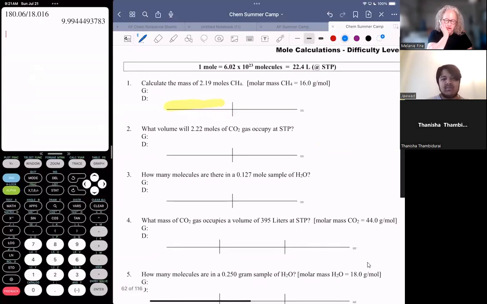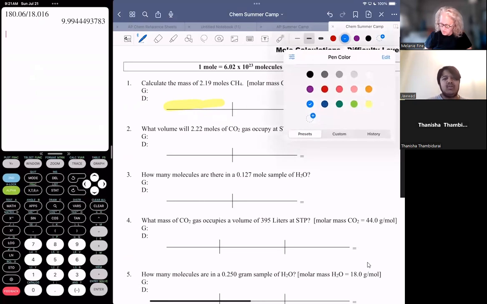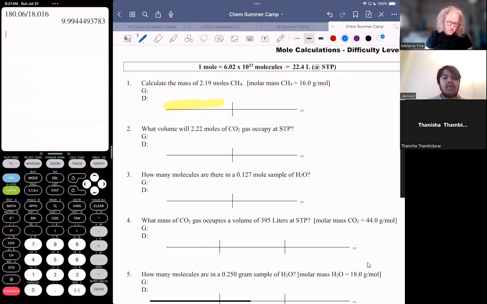What would you put in where I highlighted the yellow? 2.19 moles of CH4. Okay, which means, tell me what unit would go down here. The number 6.02.